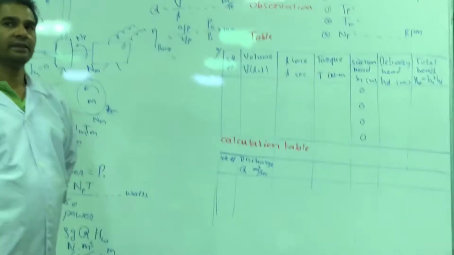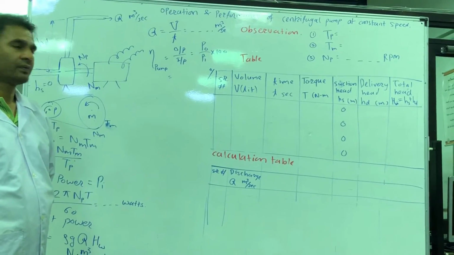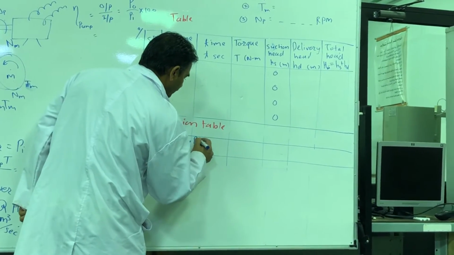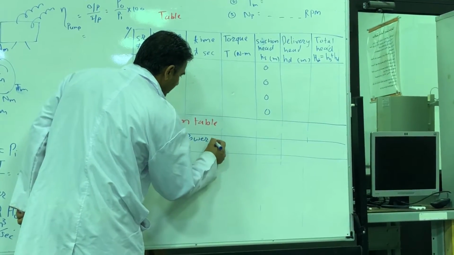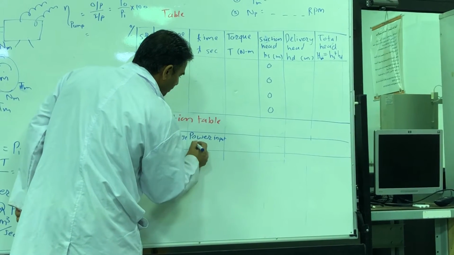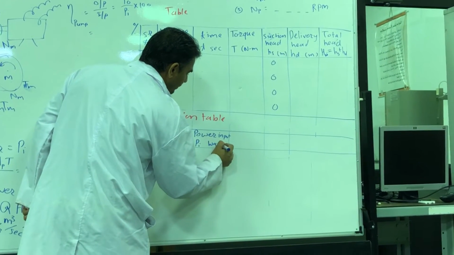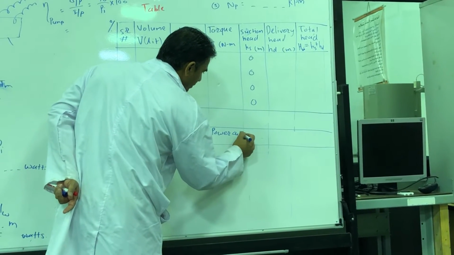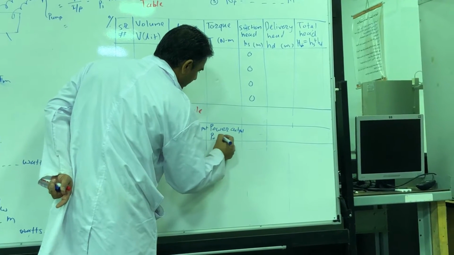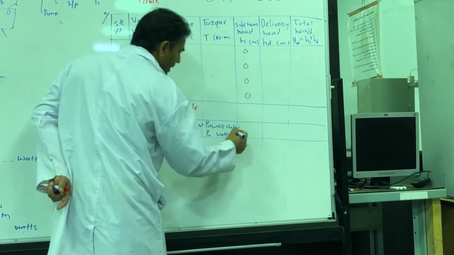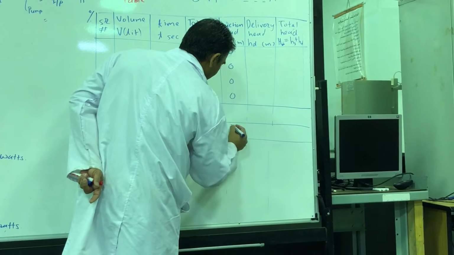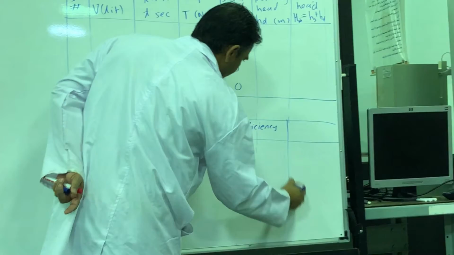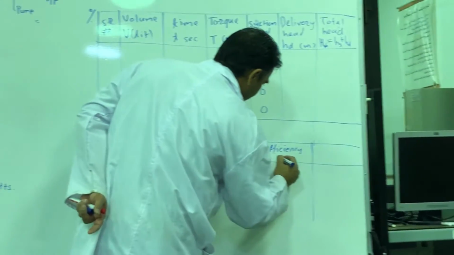The formula we have already. Then what do we find? Power input, PI in watt. Power output, PO in watt. And last is efficiency, in percentage.